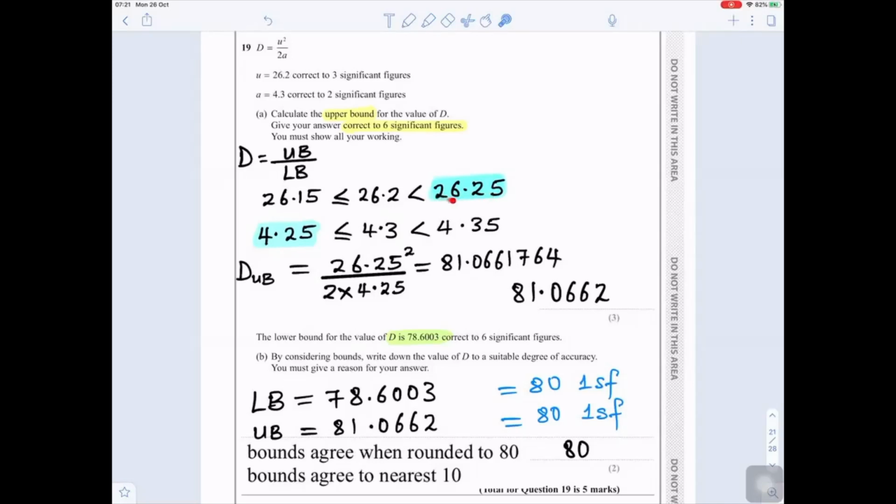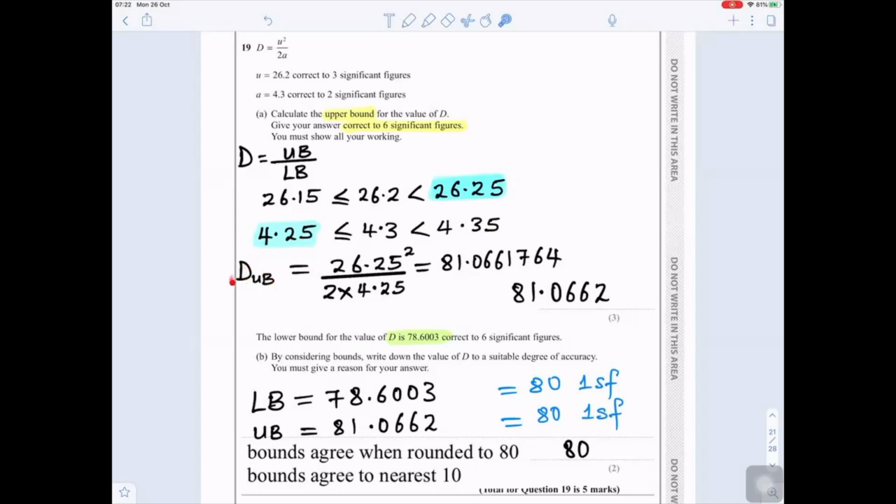The upper bound is 26.25. It's less than 26.25 and the lower bound is 26.15. 4.3 to 2 significant figures: you can have up to 4.35, which is less than 4.35, and 4.25 as the lower bound.